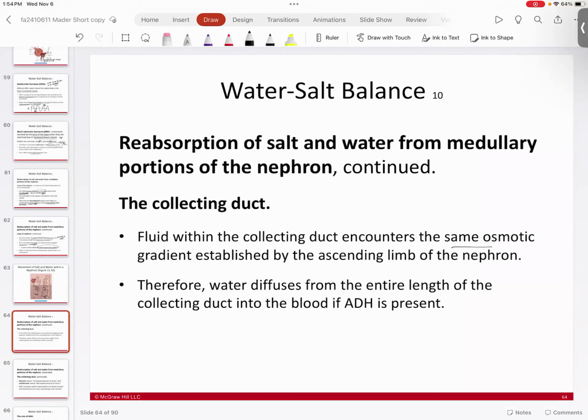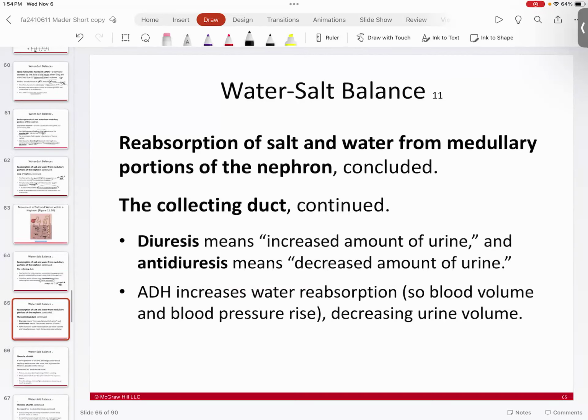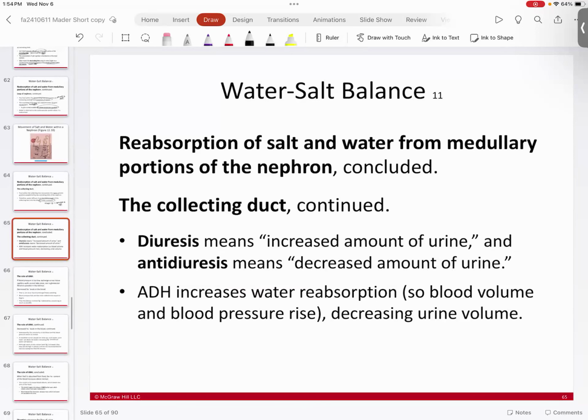And so the water will move out of the collecting duct into the tissue and then be mopped up by the blood capillaries. And this is only in response to ADH. Without ADH, the collecting duct is impermeable to water. So you have to have ADH in there.